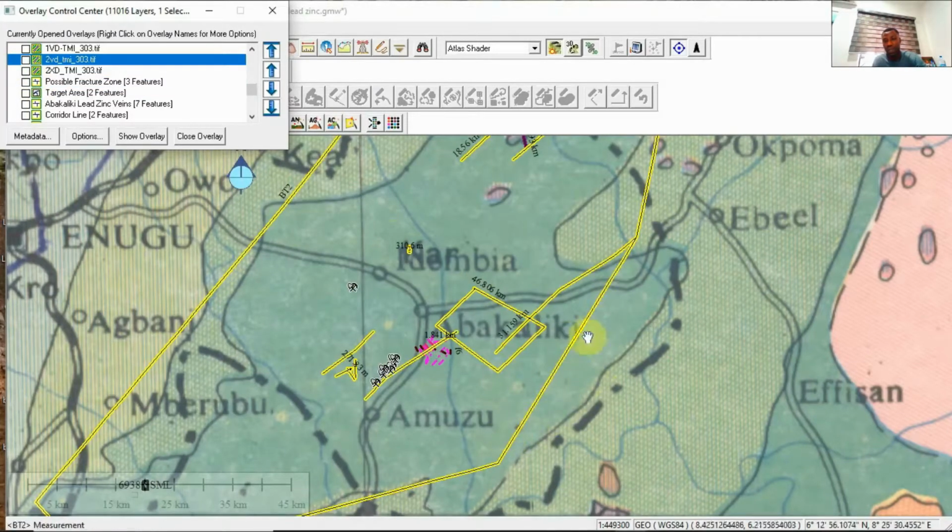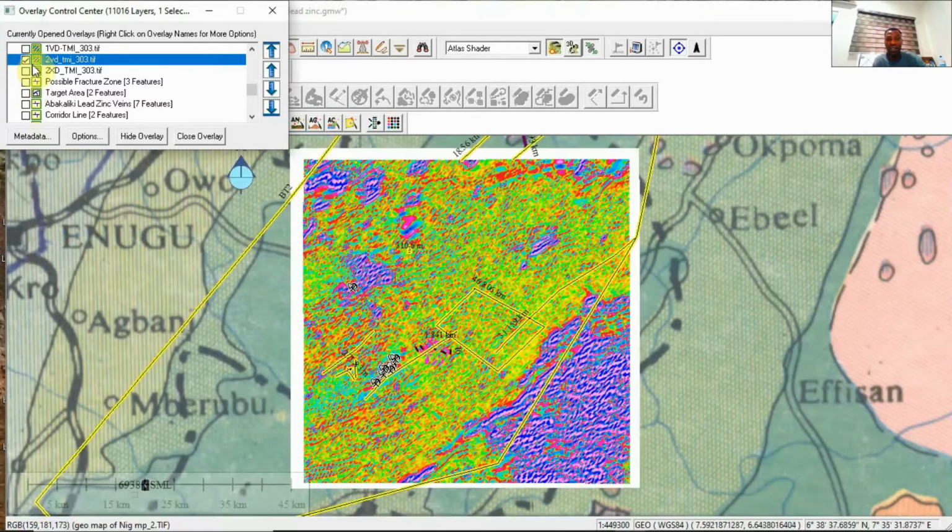You see, it's showing a boundary here, and that is it. So you can look at this distinctive feature here. That's what we're saying. When you are observing, try first of all to get whole rock units that are very distinctive. Then you can now detail in.